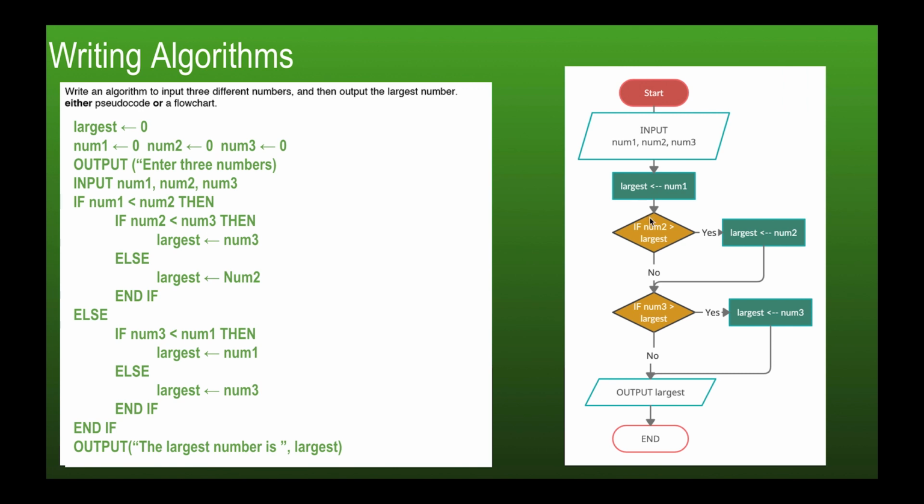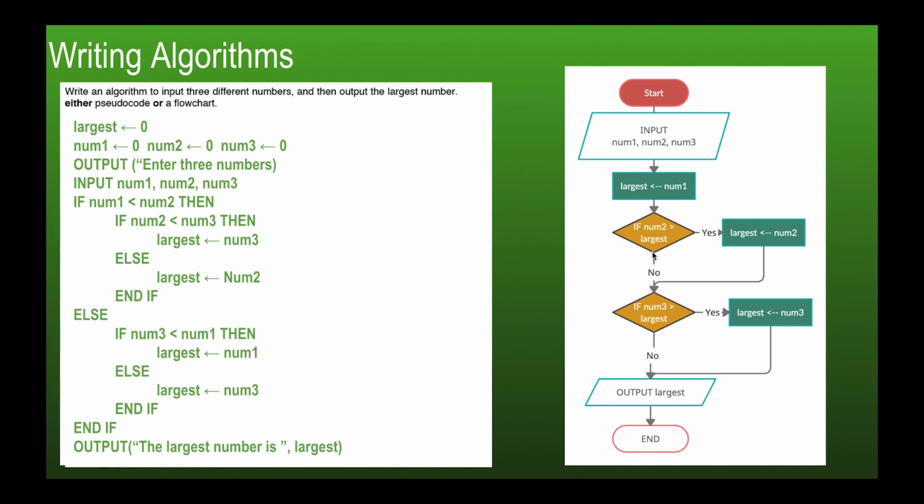Then we will do a test. So if number 2 is bigger than largest, so if number 2 is bigger than number 1, or whatever is stored in the largest, yes it is, then number 2 will be written to largest. Either way, whether this one is written to largest or not, we will then retest again.